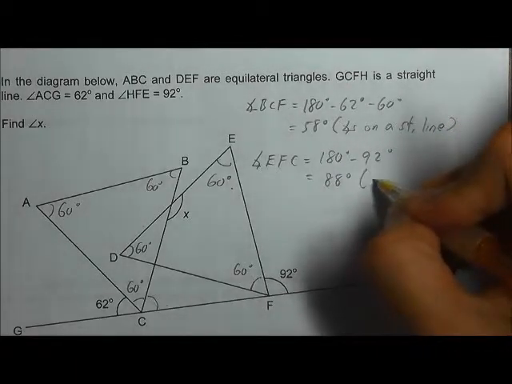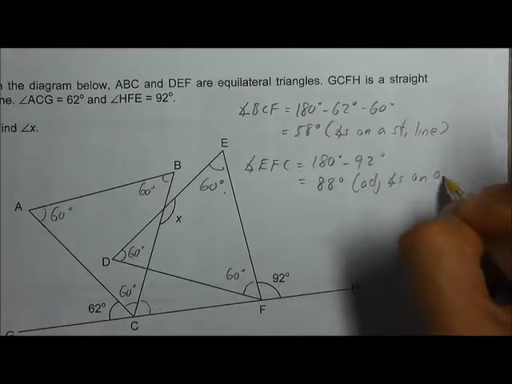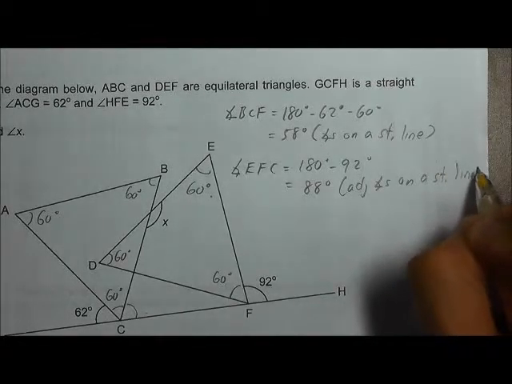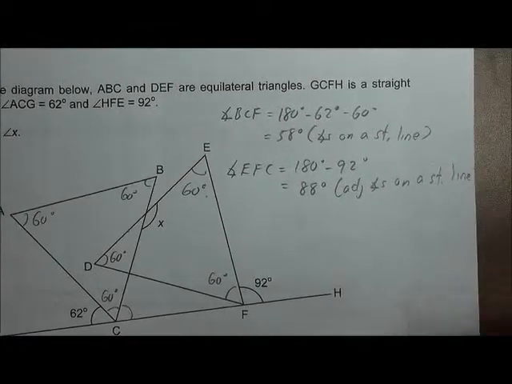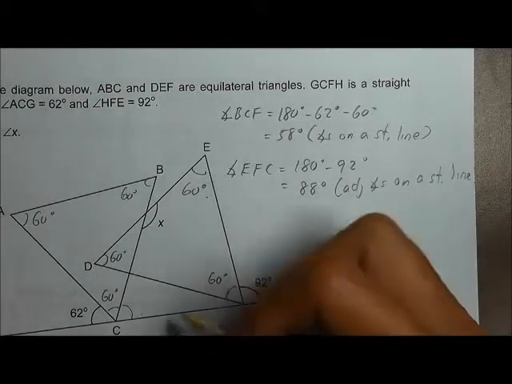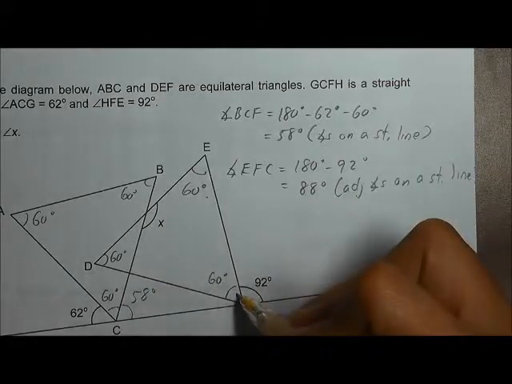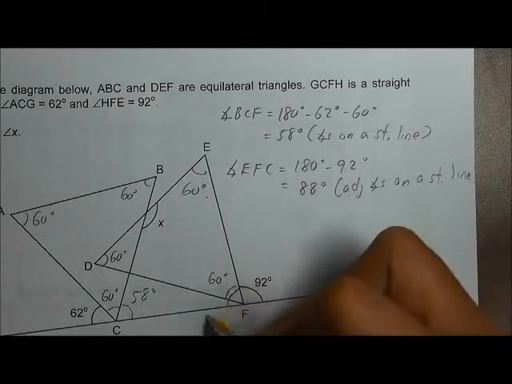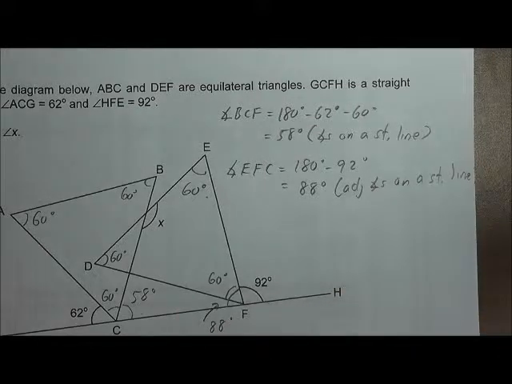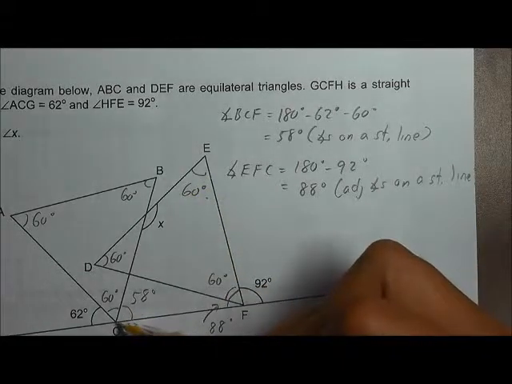Okay, this is due to adjacent angles on a straight line. Okay, next, maybe we just write down what are the angles that we have found. 58 here, and this is 88 degrees.